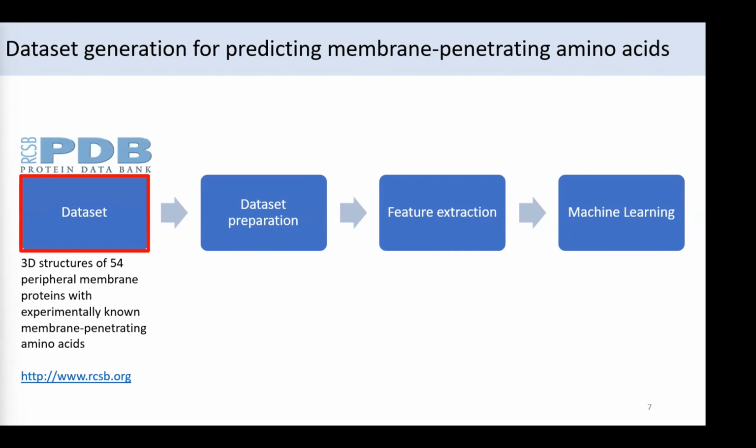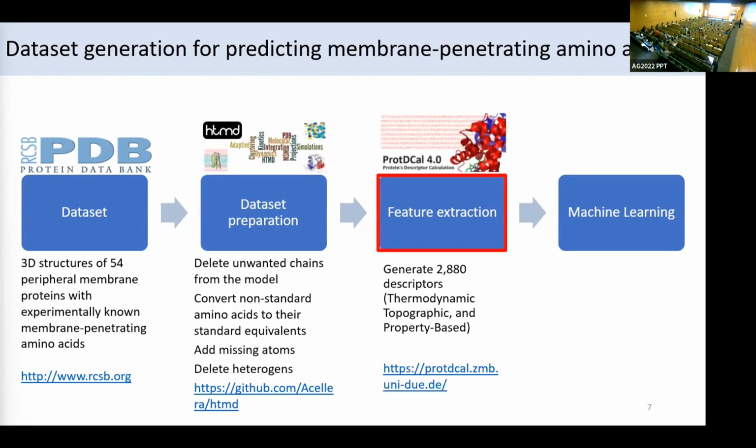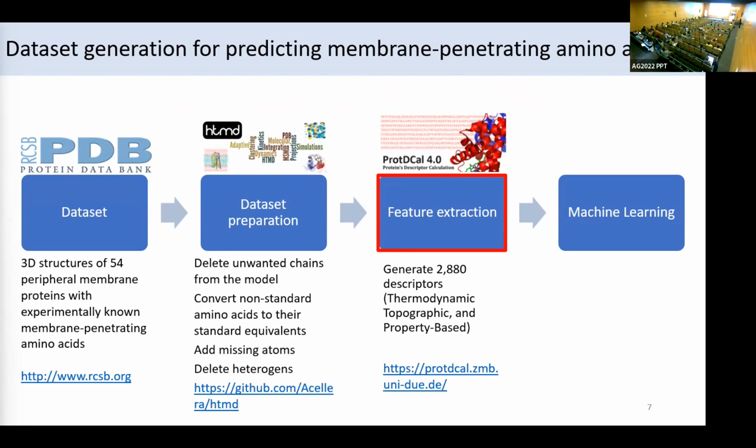We retrieved these 3D structures, and we pre-processed them using ACEMD. And then, using computational tools such as Protocol, we generated thousands of descriptors acting as features in our task.